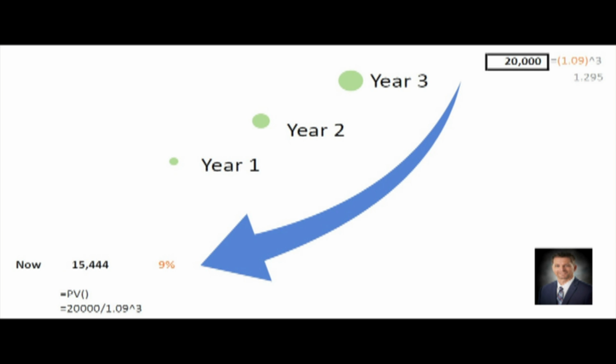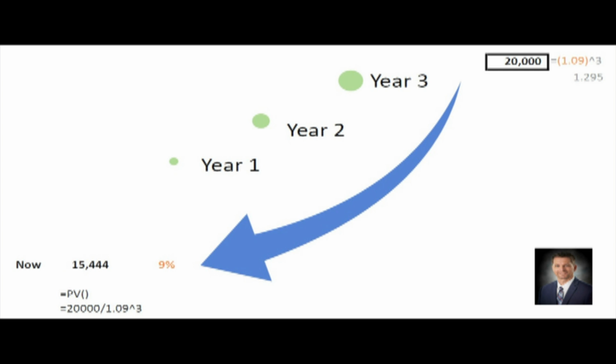So when we divide, we take 20,000 divided by 1.295, we actually get $15,444.